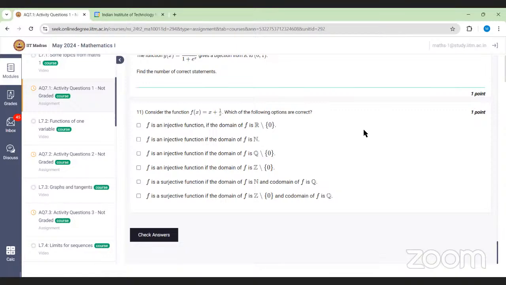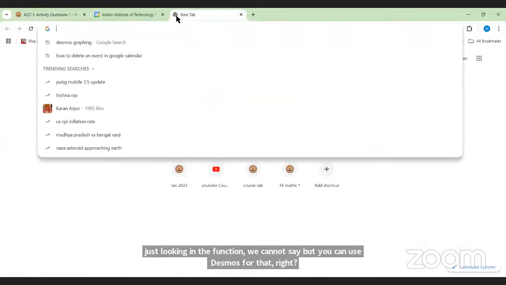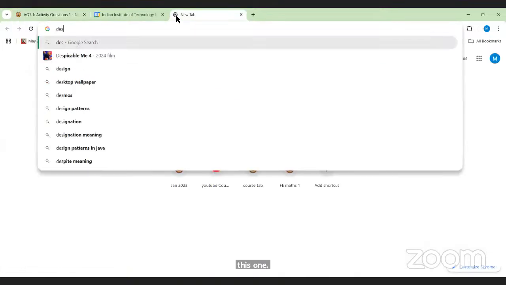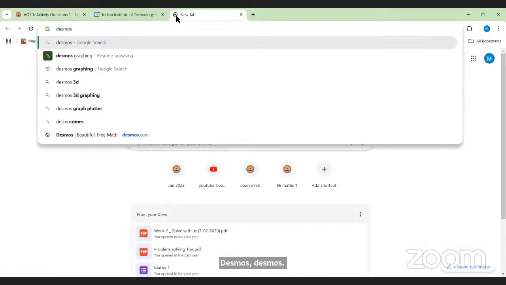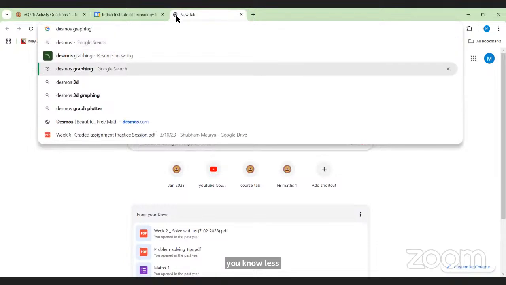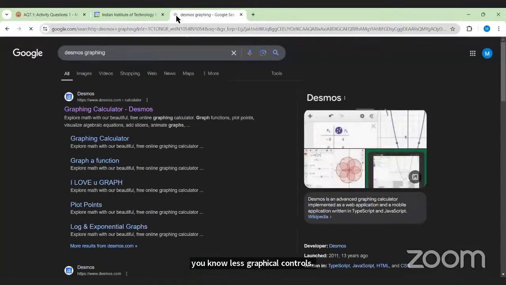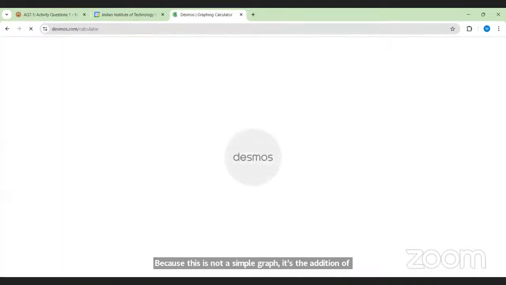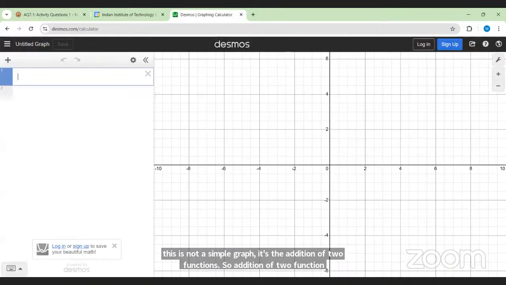Actually, by just looking at the function we cannot say, but you can use Desmos for that. Desmos graphical calculus. This is not a simple graph, it's the addition of two functions, so the graph can look very strange.